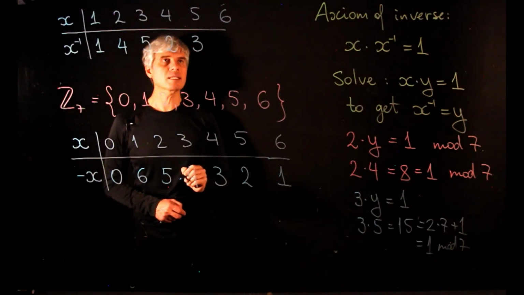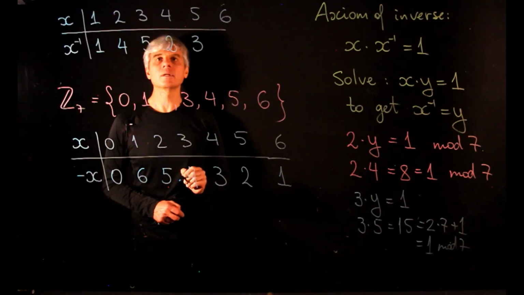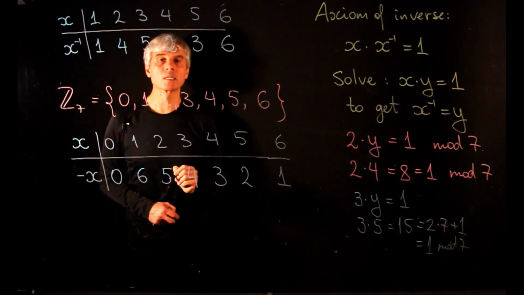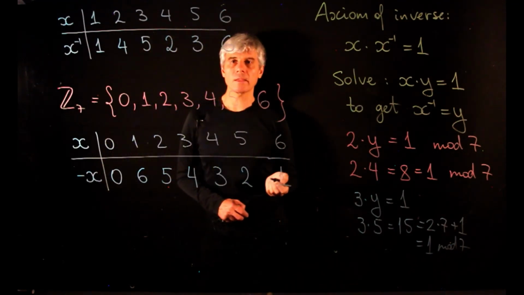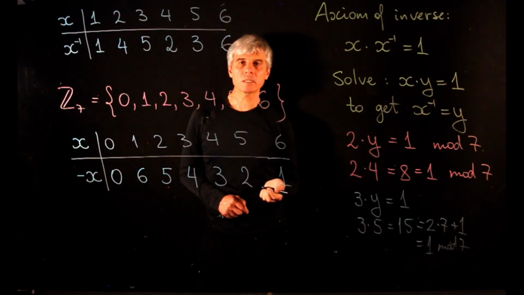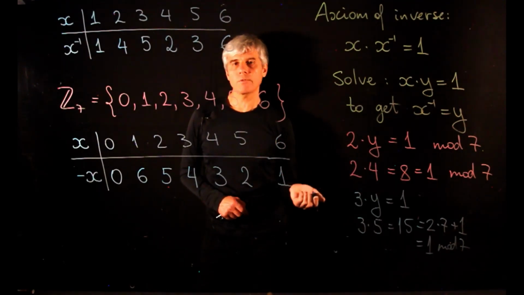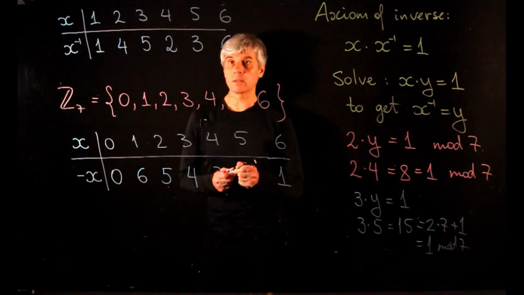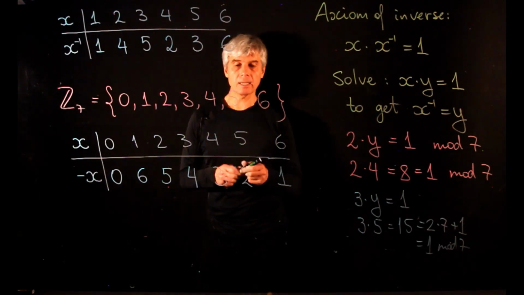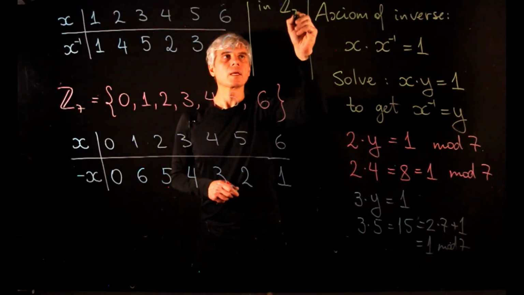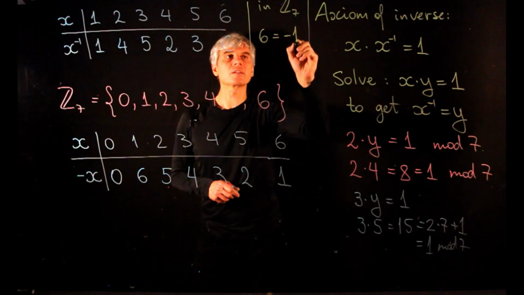And lastly, it's not that difficult to guess that the multiplicative inverse of 6 is equal to 6. Well, one way of seeing this is we can just calculate 6 times 6 is 36. It's 35 plus 1, so the remainder is indeed 1. Another way of seeing this is that in Z7, 6 is the same as negative 1.